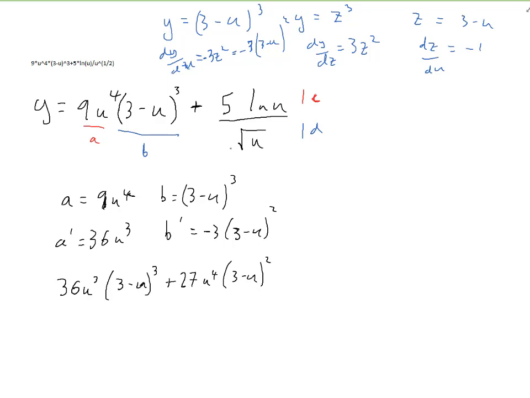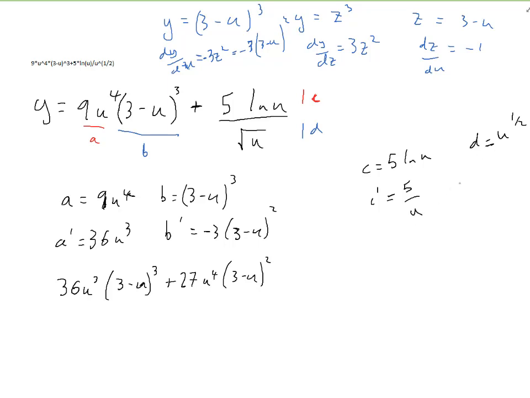Still have not done this, which is the quotient rule, so I'll do that over here using this coding C and D. So C is 5 log u, D is, and let's make life easier by saying that it's u to the power half. That's the same as square root u. C dashed is going to be, differentiate this, 5 over u.